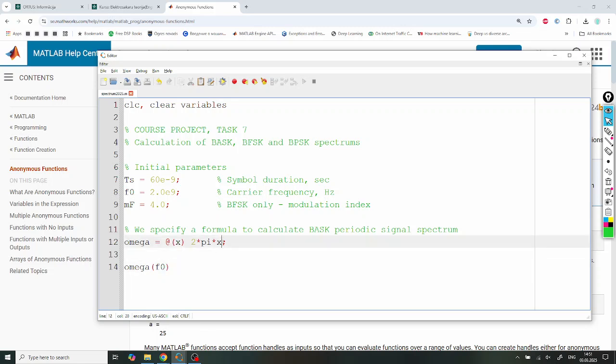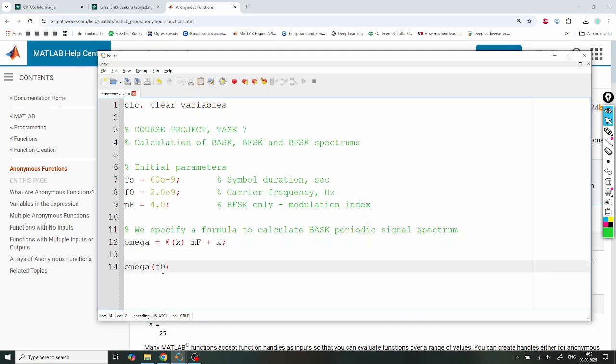Now let's see if I can say, for example, okay, I can specify some numbers, and one of these numbers is going to be taken from these, for example, mf plus x.